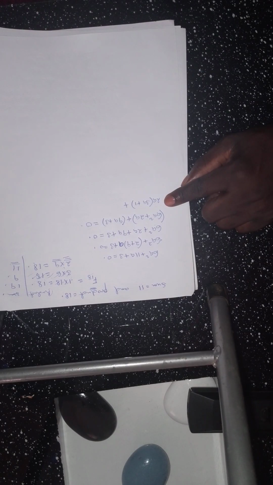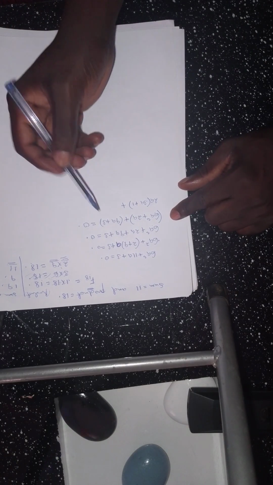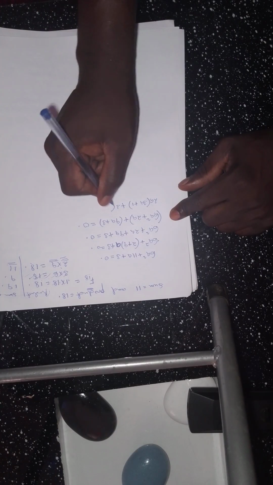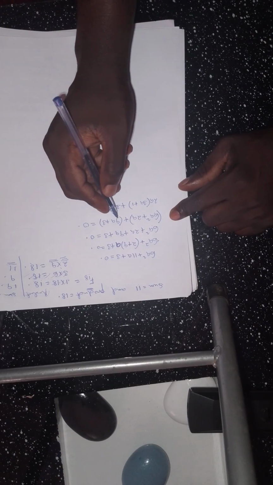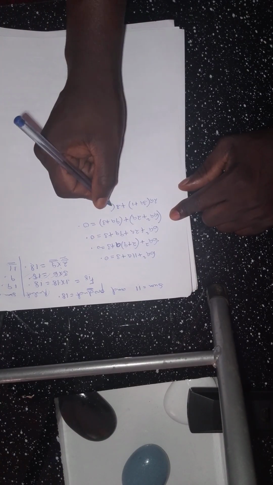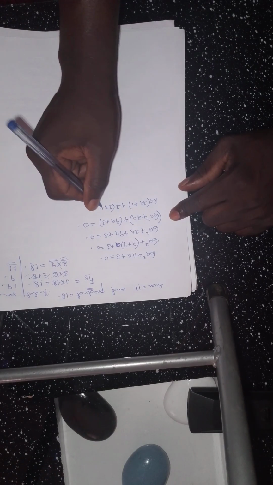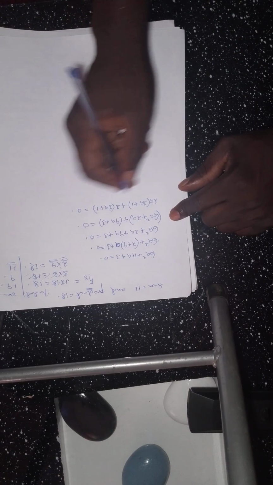Now you also go to the second bracket and you trace what is smaller, 9a and 3. 3 is smaller, pull it out. Then say 9a divided by 3, you will get 3a. 3 divided by 3, you get 1 is equal to 0.